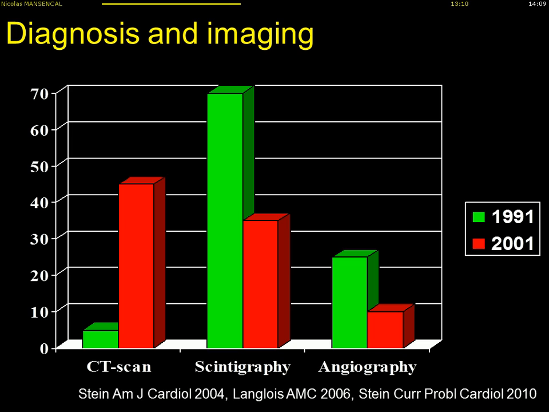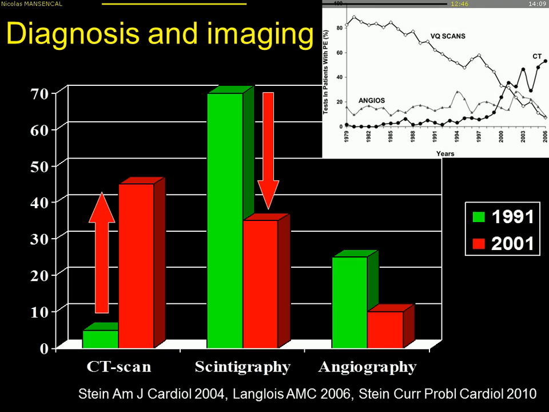This last decade, we have had significant modification concerning the strategy of our diagnostic imaging possibilities. Now, there is an emergent strategy with CT scan, the fall of scintigraphy, and the death of pulmonary angiography.